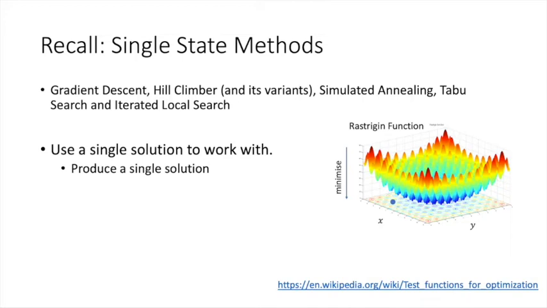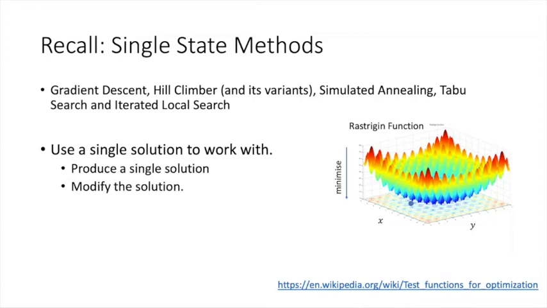For example, in this plot on your screens, we must find a value of x and y variables such that this combination of x and y variables minimizes this function that is called the Rastrigin function. Minimization means that we want to find the combination of x and y that minimizes the value on the z-axis.